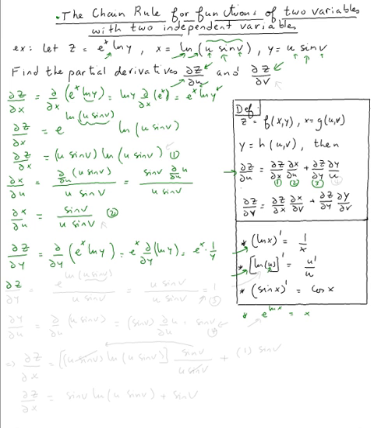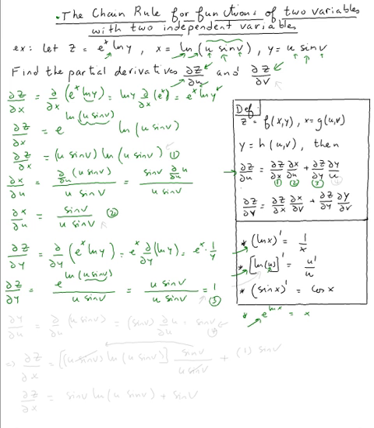So partial z with respect to y is e^x, which is e to the ln of u sine v, over y, which is u sine v. But I'm going to use this formula one more time to get the stuff between parentheses. So this will be u sine v over u sine v, which is just 1. Let me make sure I didn't make any mistake: e^x ln y. Yep. So this is going to be number 3.